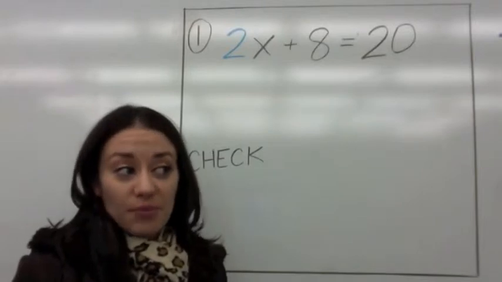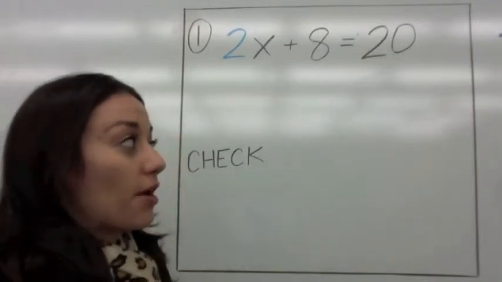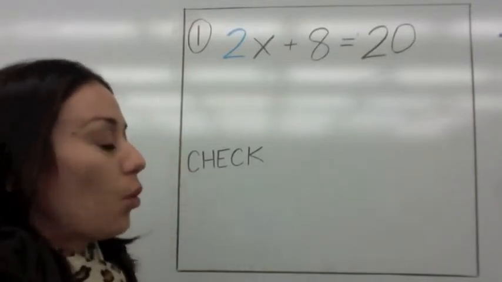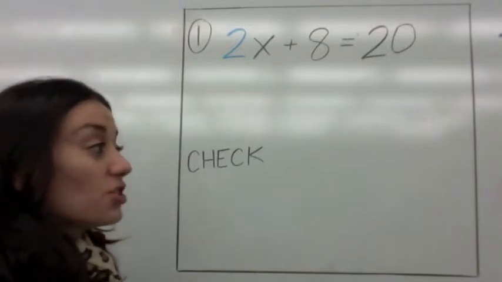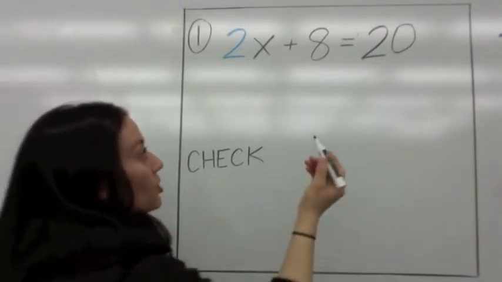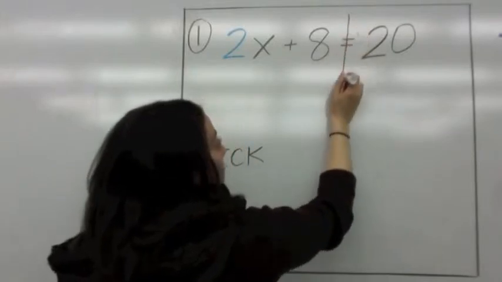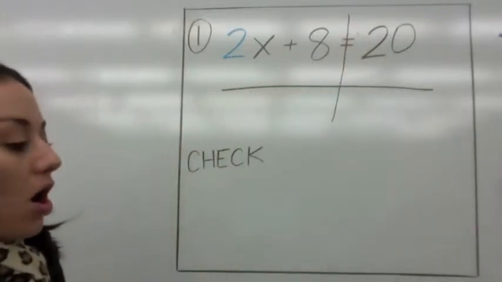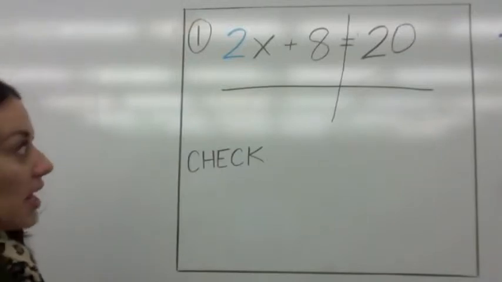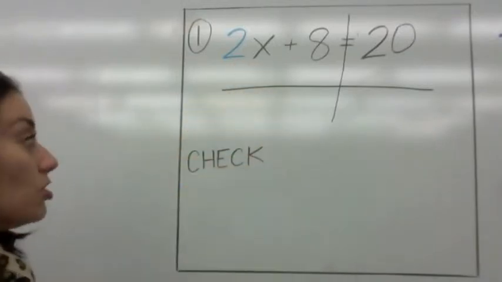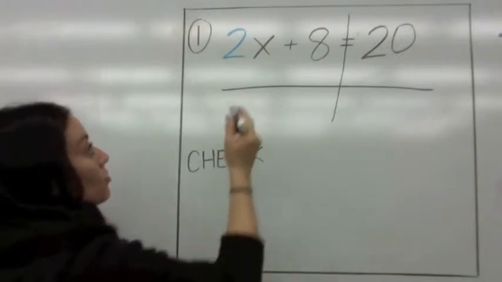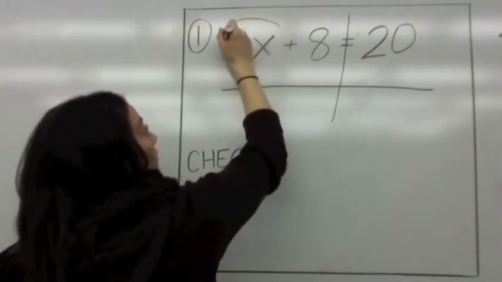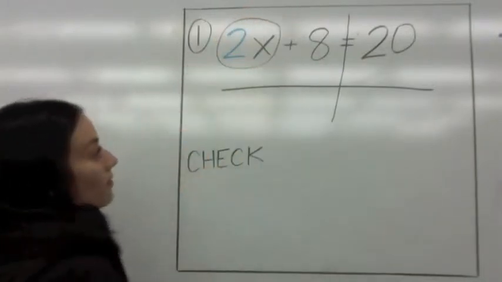So let's show you an example of how to solve two-step equations. Now, we're going to solve this equation like we start all equations, which is you're going to separate both sides with a T. Now, instead of circling x, you can now circle 2x.